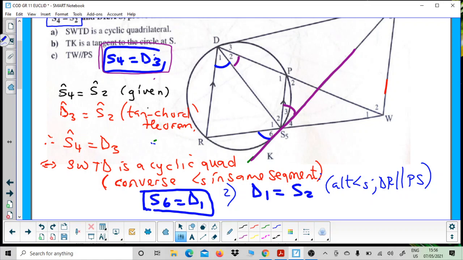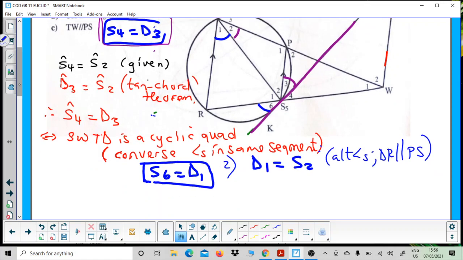Now, the next thing I'm going to say is S4 is equal to? I think I need my S6 somewhere. Do you know that? I need S6. So can I say S6 is equal to S4?